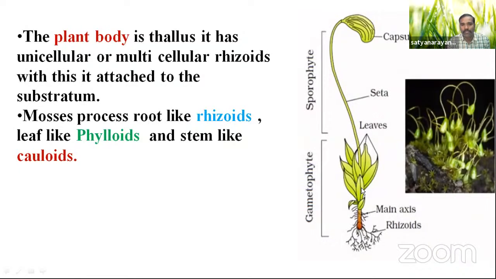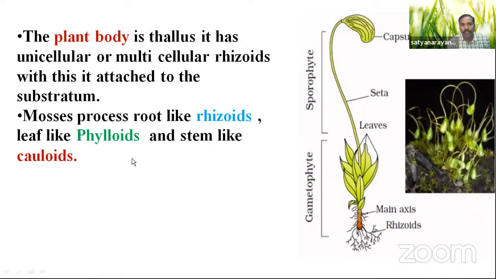So in the phylloids, if we take the TS of the phylloids, we can find chlorenchyma tissue. Mostly they have parenchymatous tissue. In parenchymatous tissue, one of the types is chlorenchyma. So chlorenchyma and aerenchyma tissues are present in the phylloids, so that they show the photosynthetic process.